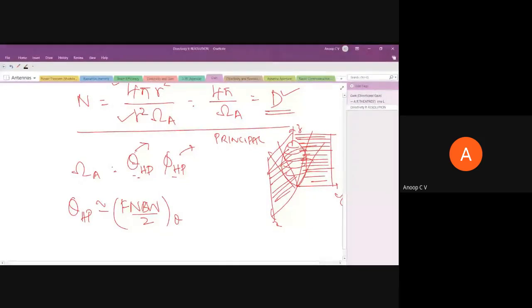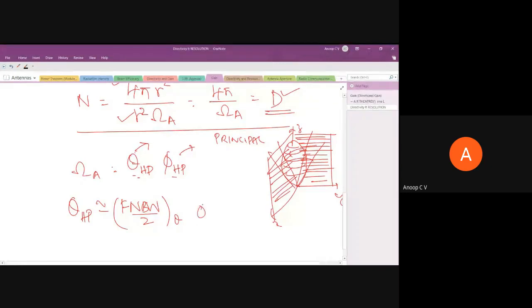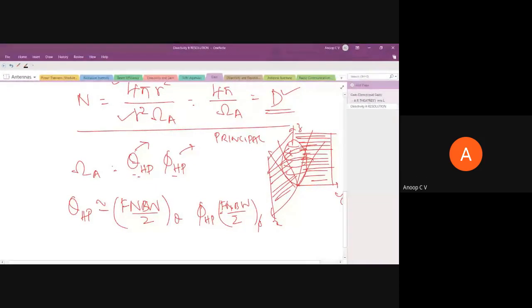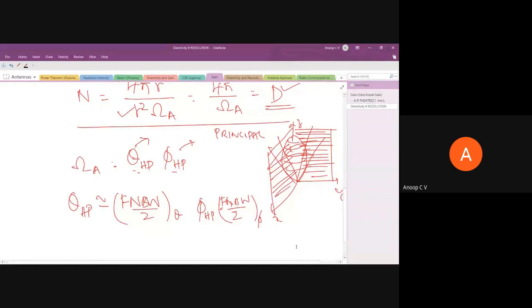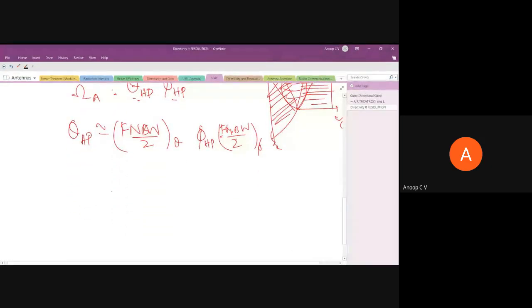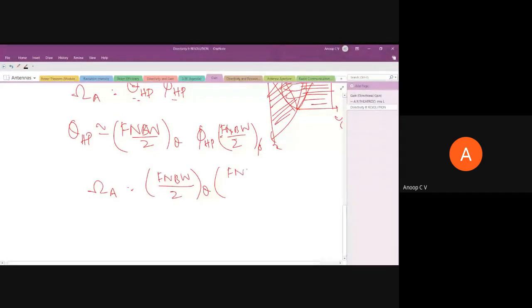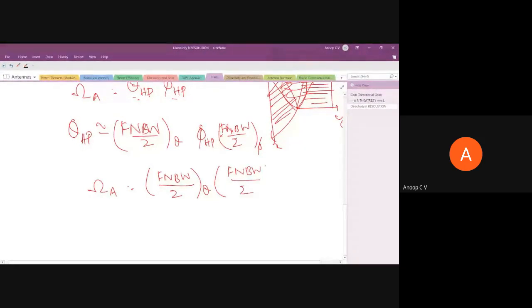So half power beamwidth will be first null beamwidth by 2 in the theta plane, and similarly phi hp will be FNBW by 2 in the phi plane. So again I can write omega A is equal to FNBW by 2 in theta plane times FNBW by 2 in phi plane.